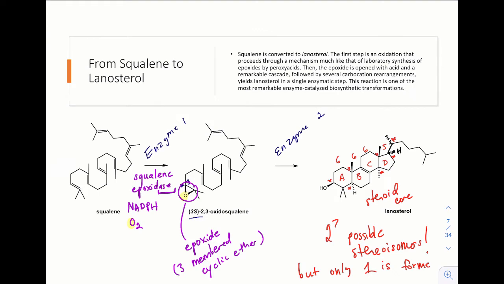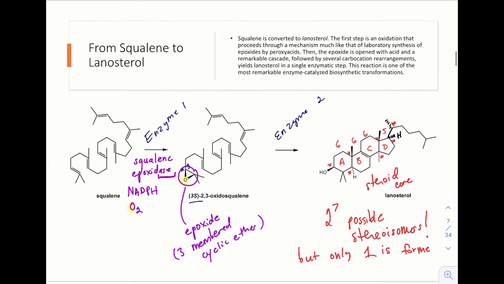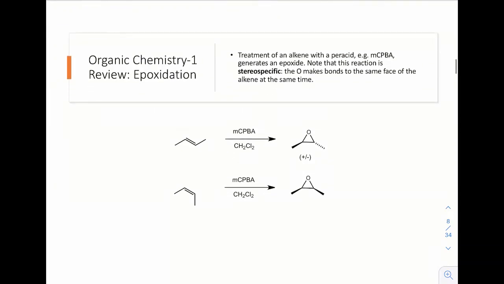We've learned how to make epoxides in the laboratory. It's not with molecular oxygen as the oxidant. It is with a peracid such as metachloroperbenzoic acid. So a peracid refers to the oxygen-oxygen bond in this. So it looks otherwise like a carboxylic acid.